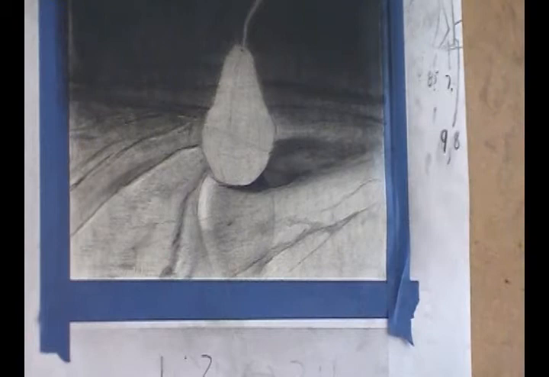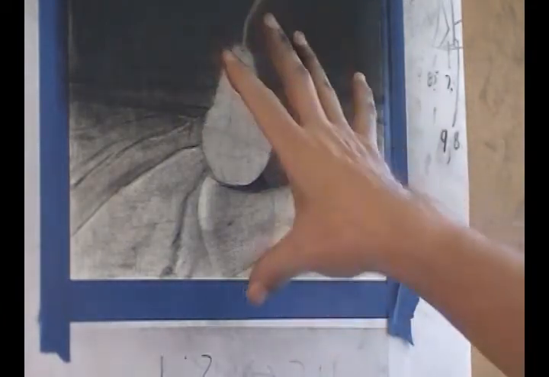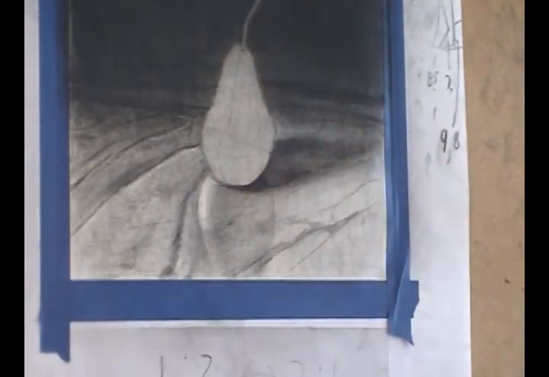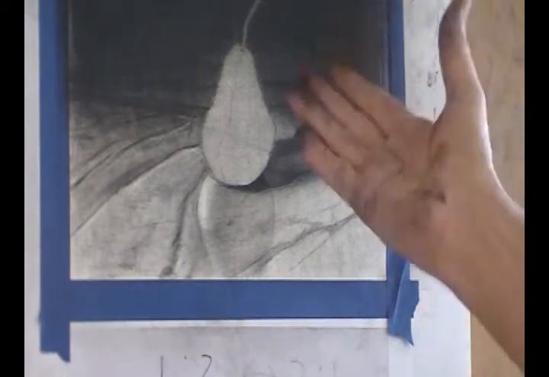So I think it might have been because I shifted my body more than once as I was trying to record where the reflection of the pear is in relationship to the marble vein. And so we have to sometimes stop and just absorb what we're doing and check it off.